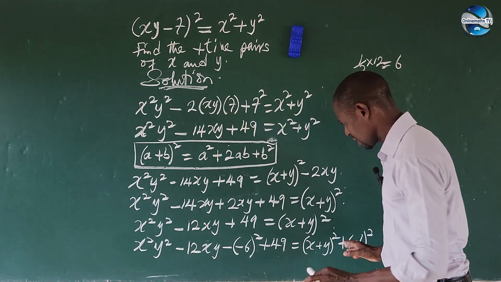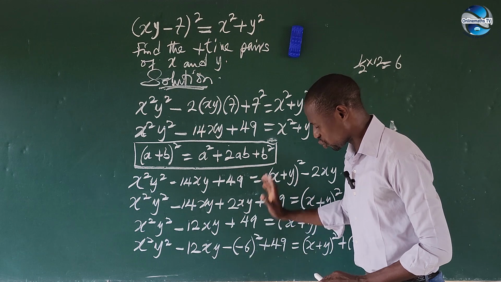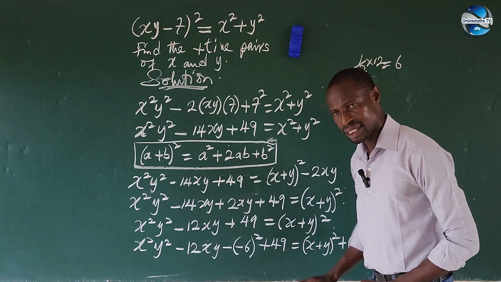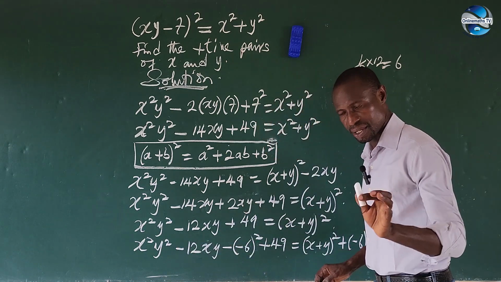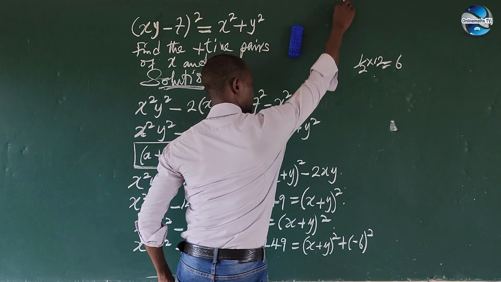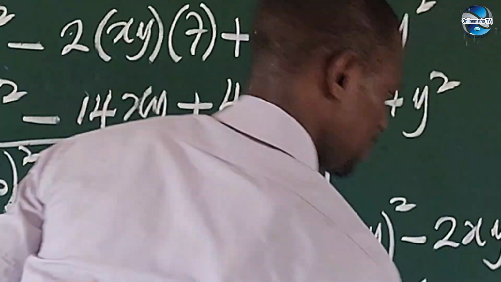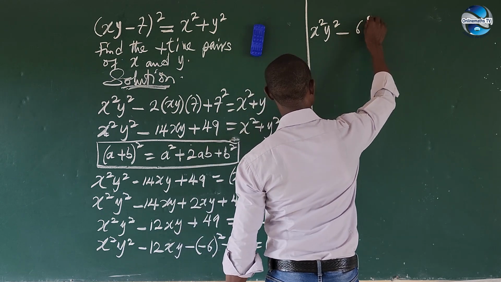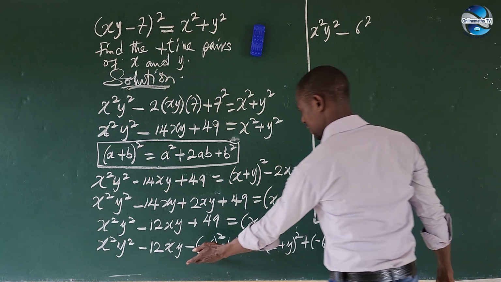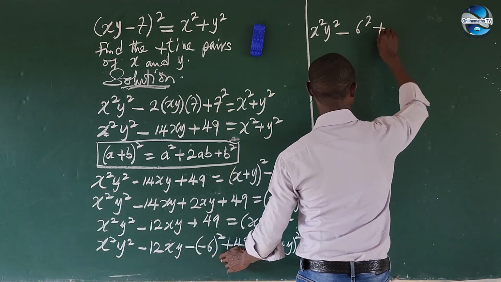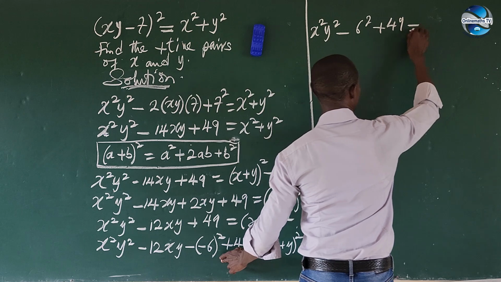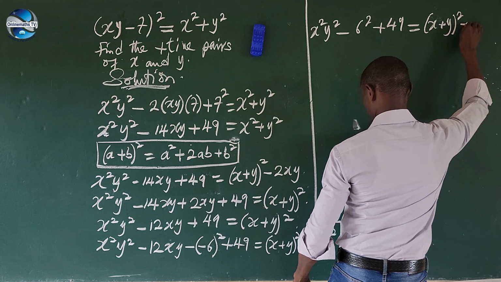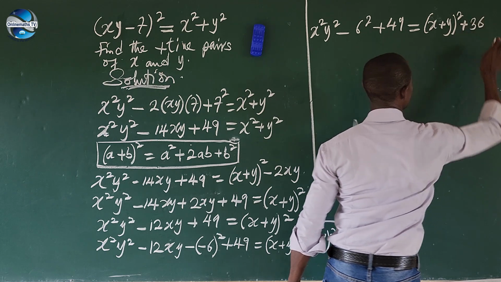Remember, immediately you add the square of the half coefficient of this term to the system, this guy leaves the system, so we can bring these together. Let's continue on this side and see what this gives us: x²y² − 6² plus 49, equal to (x + y)² plus 36.